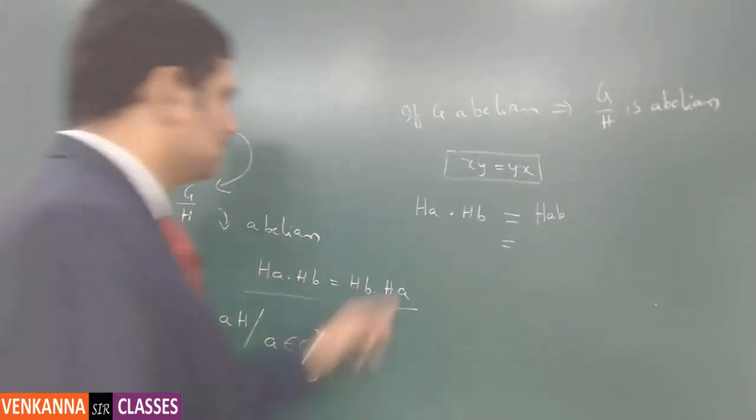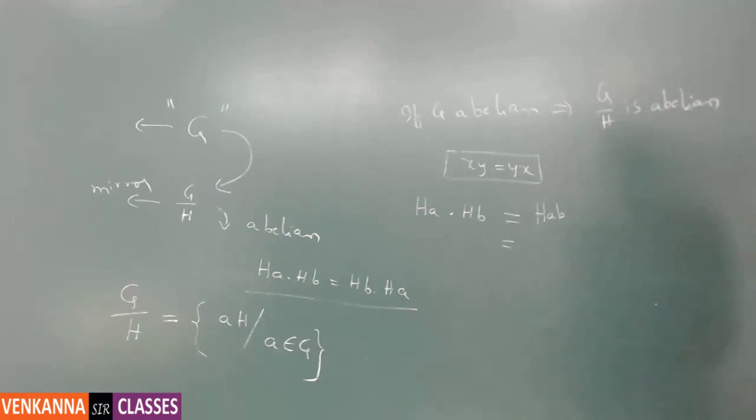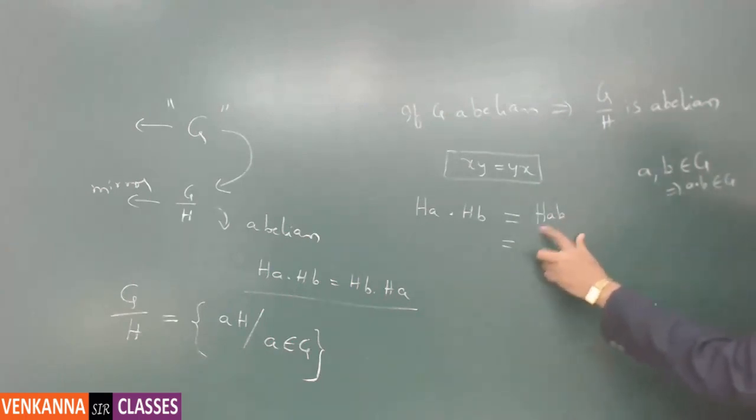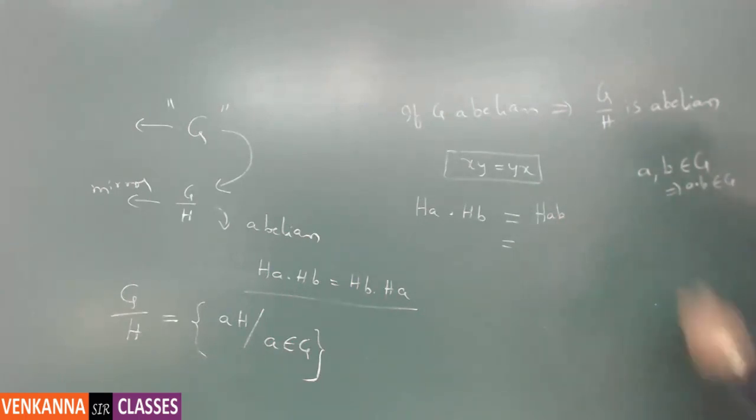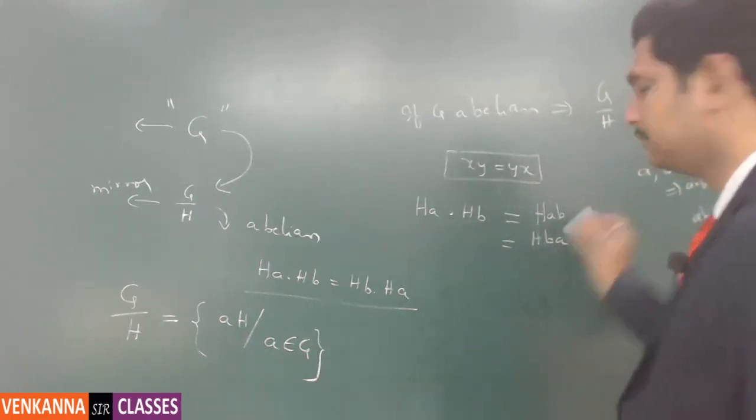This is the basic phenomenon, because every coset is formed by taking elements of G. So whenever you consider two cosets in G by H, the corresponding elements a and b belong to G. By closure law, a dot b belongs to G, hence the corresponding coset is Hab. As G is abelian, we can write ab equal to ba, hence this coset is nothing but Hba.